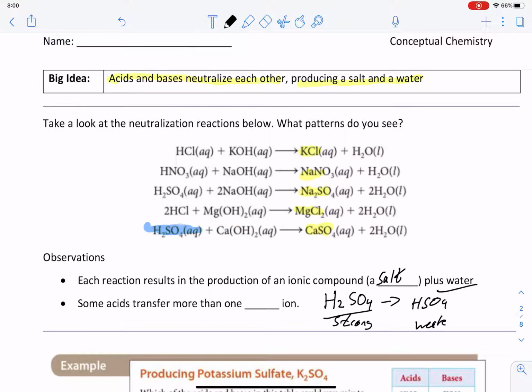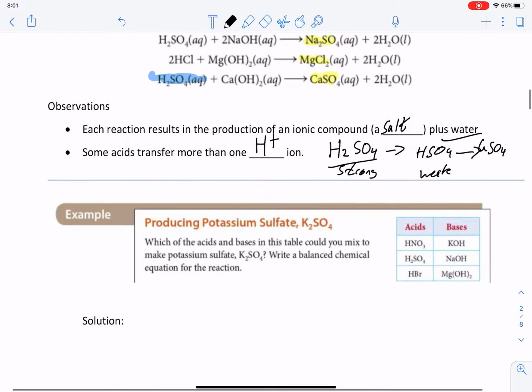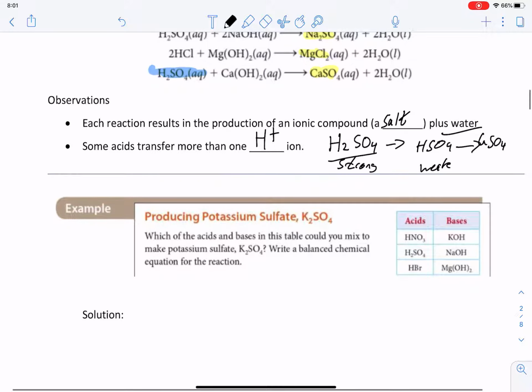This is a weak acid, and that's going to dissociate partially until eventually we get to SO4 2-, and that's going to form with a metal, in this case, calcium. And then that -2 goes away. So each one could donate more than one H+ ion. If you see something that has H2 on it, it's most likely a strong acid.